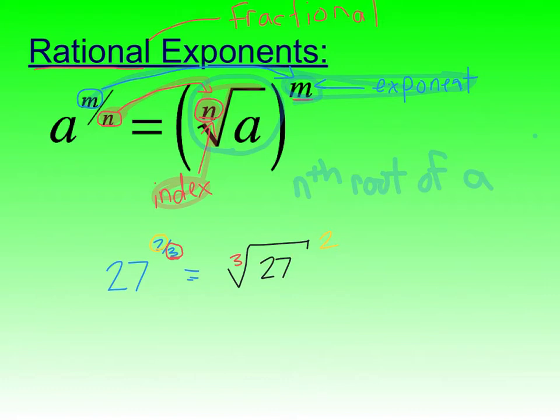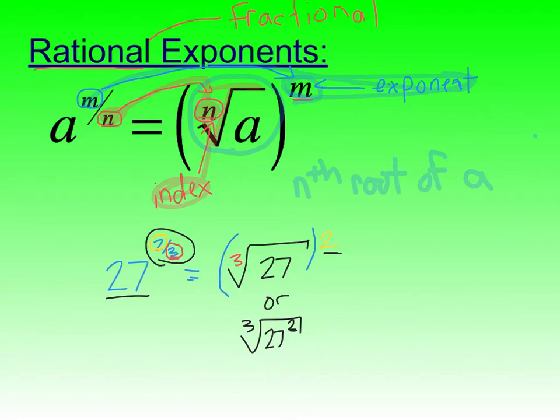The 2 actually can go outside like this, or you could write it as the cube root of 27 to the 2nd. The 2 can go inside. So if you have 2 ways to do that, you want to pick whichever one is easiest. So every rational exponent has 2 ways to write it. You can write it with the exponent outside the radical or the exponent inside the radical.